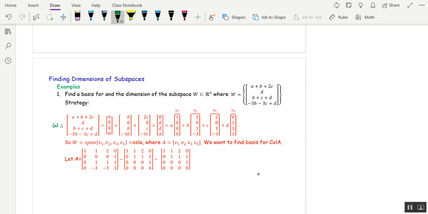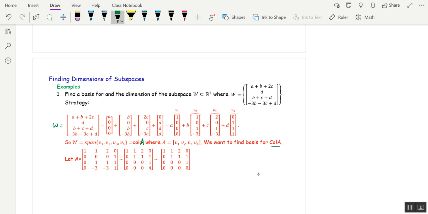We've found spanning sets like that in previous sections. Now what we want to do is put those vectors into a matrix and find the dimension of the column space of that matrix. If A is the matrix with v1 through v4 as columns, we want a basis for Col A. The number of vectors in that basis will be the dimension of Col A, which is the dimension of W. So Col A and W are the same space.